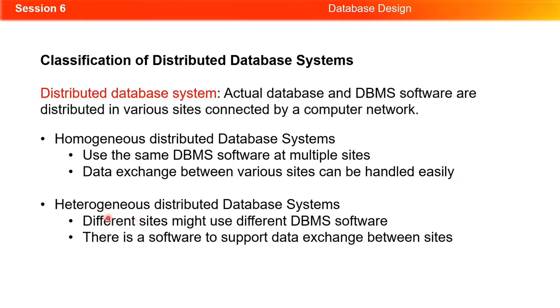And then there are the heterogeneous distributed database systems. These are different sites that might use different DBMS software. There are certain software products that support the data exchange and sometimes the data translation between these sites.